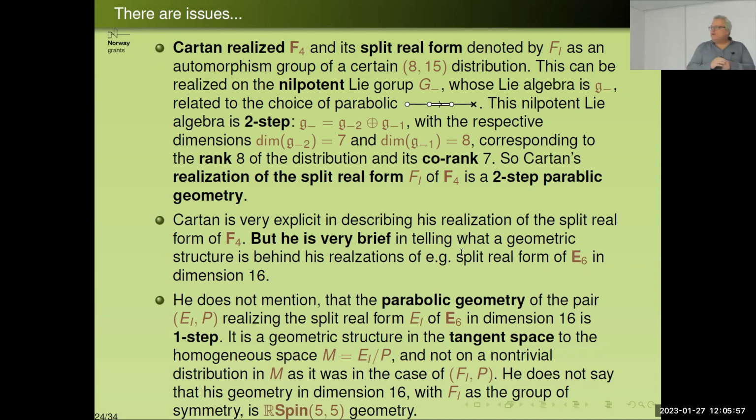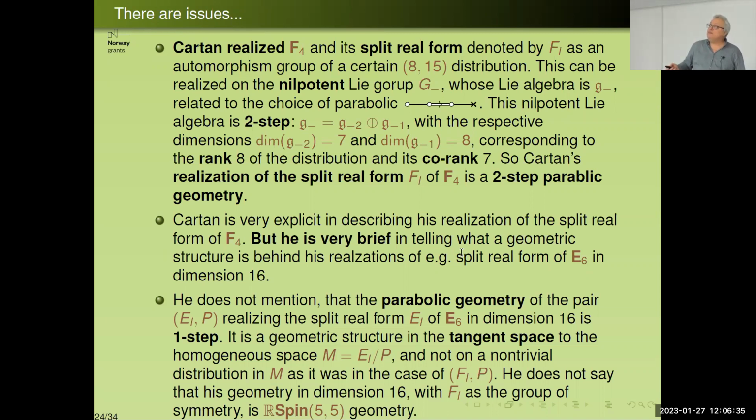So you have a 16-dimensional manifold, and on it you have a spin structure in the tangent space, spin times R. It is very different, because this realization of E6 in dimension 16 as a parabolic geometry is not two-step graded, but one-step graded. There is no subdistribution in the tangent space whose symmetry is E6 as before, but there is some additional structure, this spin structure, whose symmetry is E6.